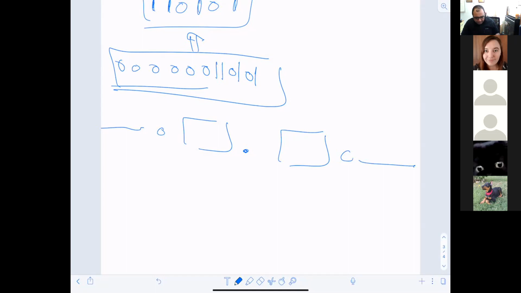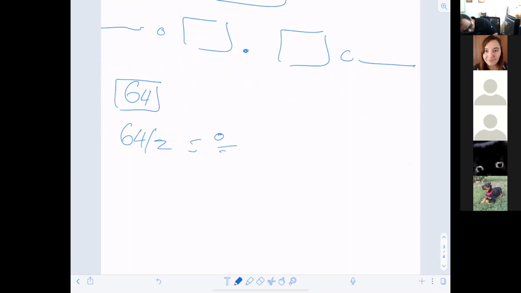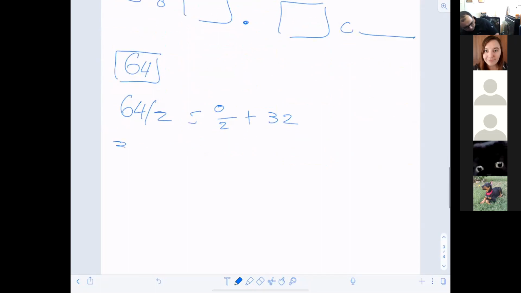I can give you another example and then we'll be done, at least for today. Let's say I would like to convert 64 to binary. So I'm going to do 64 divided by 2. It's going to be 32, so 0 times 2 to the power 0 plus 32. Then 32 divided by 2 is 0 plus 16.